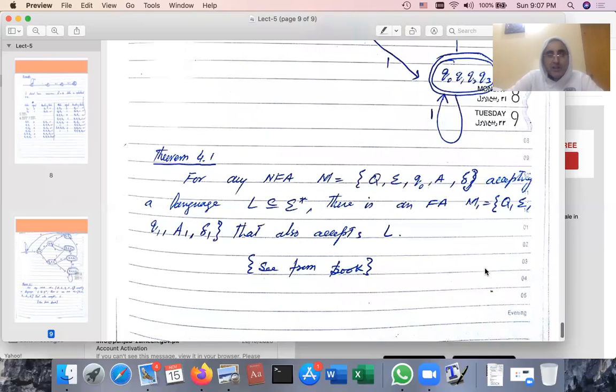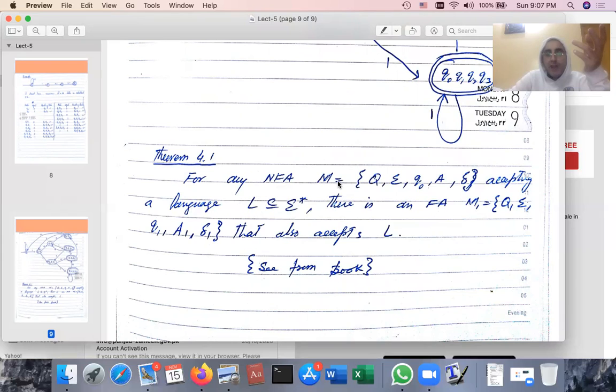And finally, there is a statement of a theorem: for any NFA M with 5 tuples accepting some language L, which is a subset of sigma star, there is an FA M1.